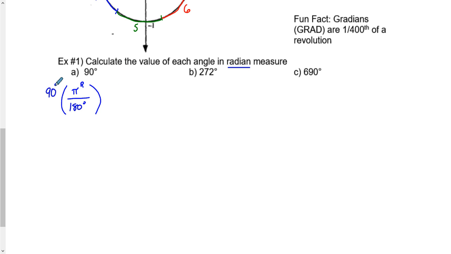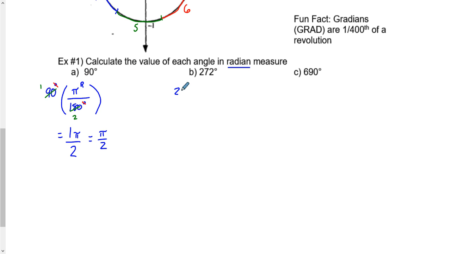The great thing with dimensional analysis is our units cancel off. At the same time, 90 and 180 reduce to 1 and 2. So 90 degrees is 1 pi divided by 2 radians. Another way of writing that is just pi over 2. You don't necessarily need to write the R for radians, because if there's no unit stated, it's implied that it's radians.